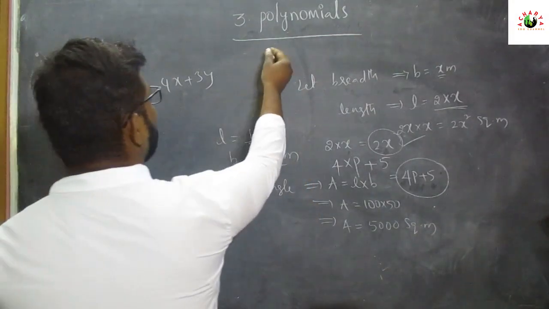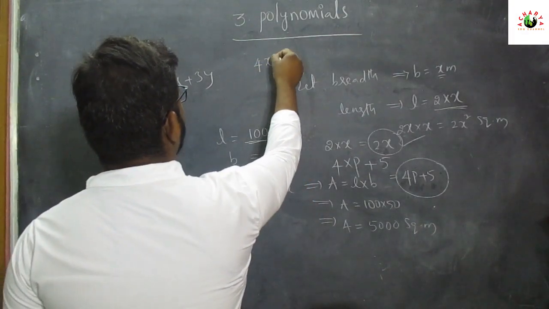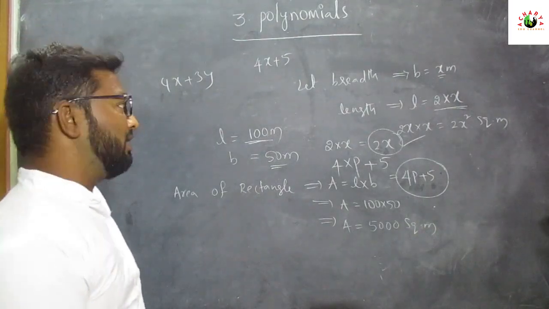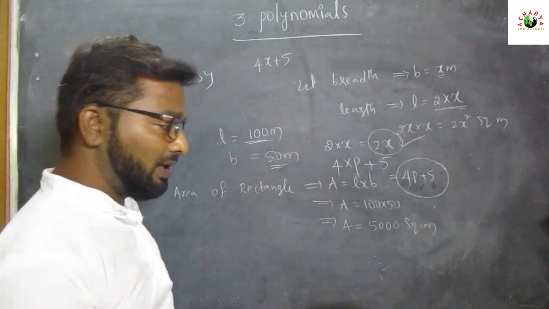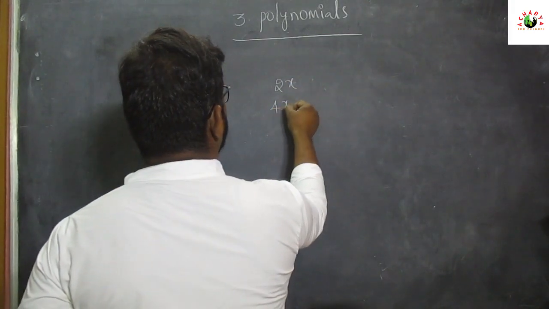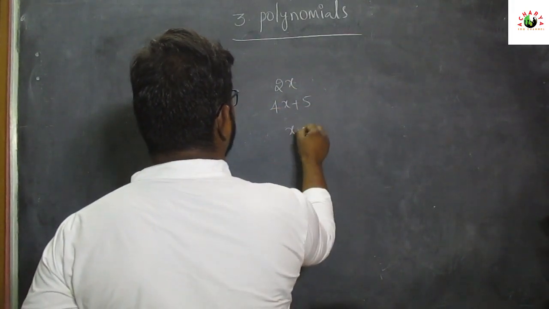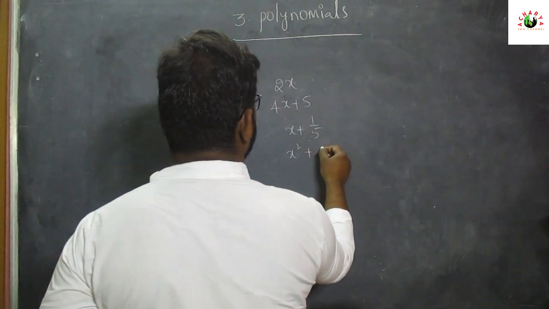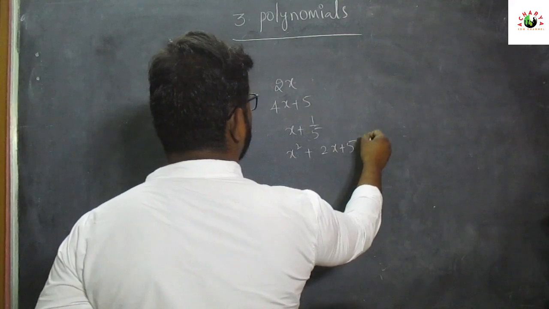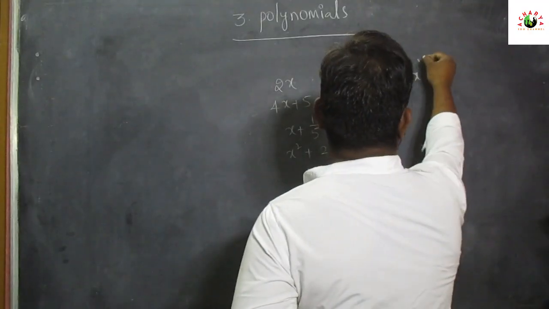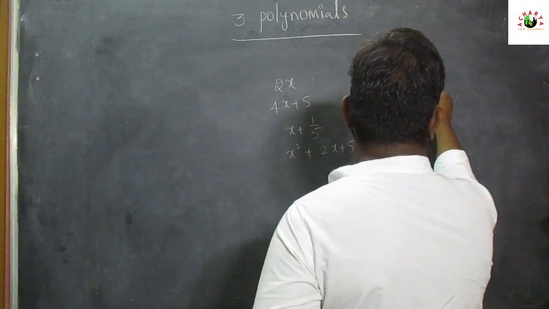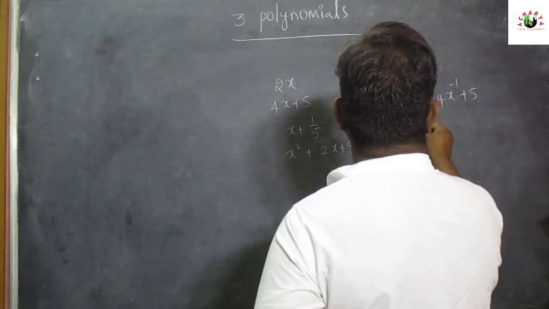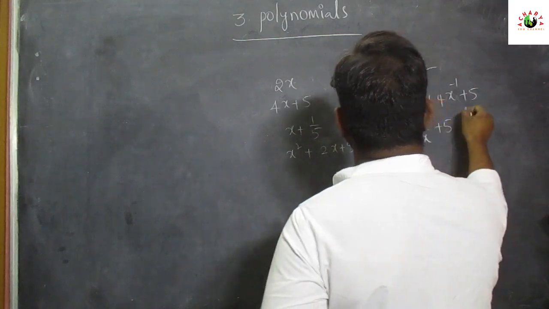For example, 4x plus 5 is a polynomial. Here we have 2x, 4x plus 5, x plus 1 by 5, x square plus 2x plus 5, 4x power 1 by 2, 3x square plus 4x power minus 1 plus 5, and 1 by x plus 5.